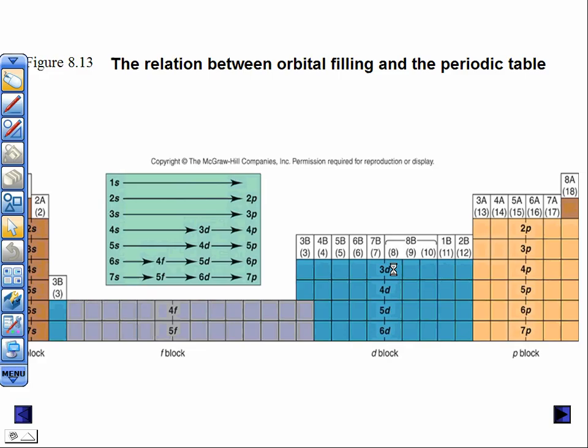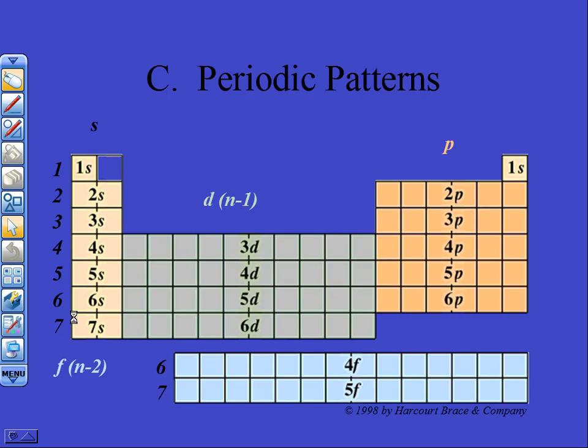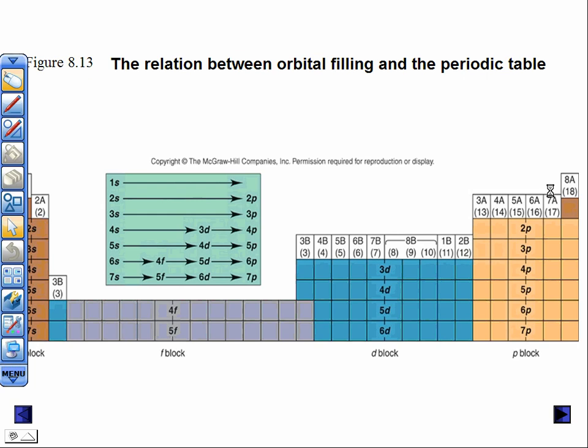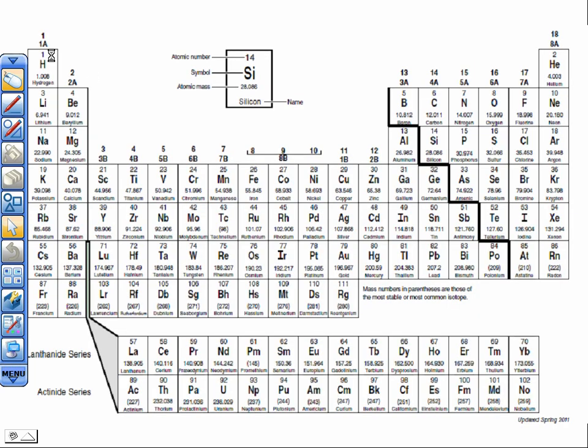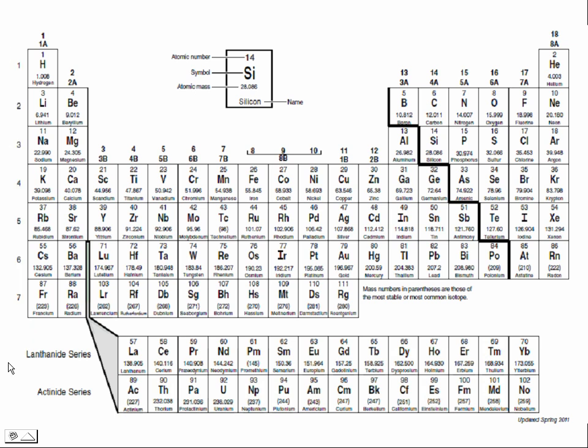Then it goes, oh goodness, board is not wanting to cooperate. Then it goes 4p, and then 5s, 4d, then 5p. So if you can learn to read the periodic table, this is going to be so much easier. And you all have a periodic table that looks kind of like this. I'm going to minimize that.